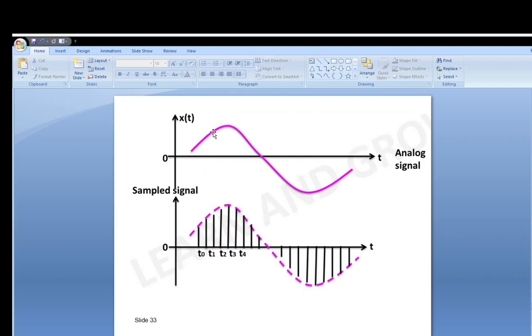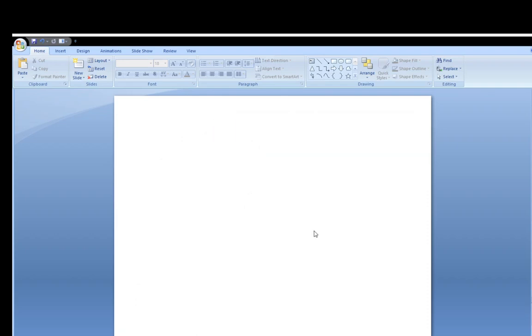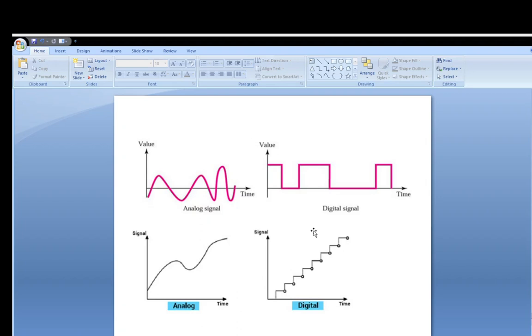If signal is defined for some specific moments, then it will be called discrete. But if its values are possible in any type, then it will be called analog. That means this is analog discrete signal and this is analog continuous signal. And in this figure again we can see this is analog, this is analog.